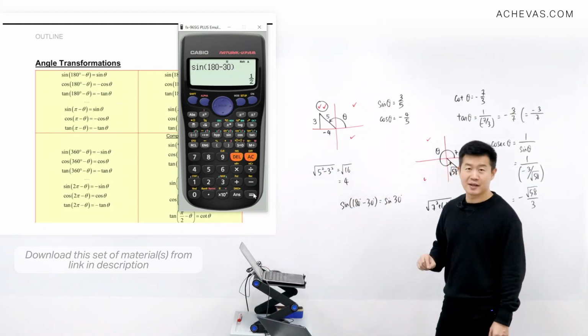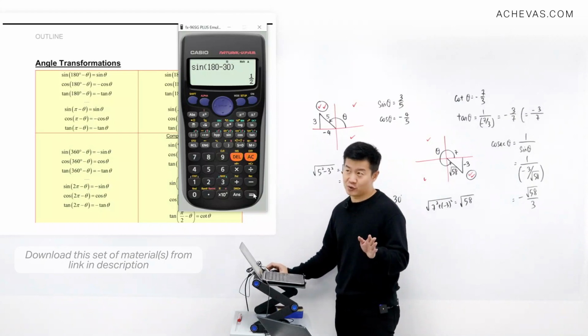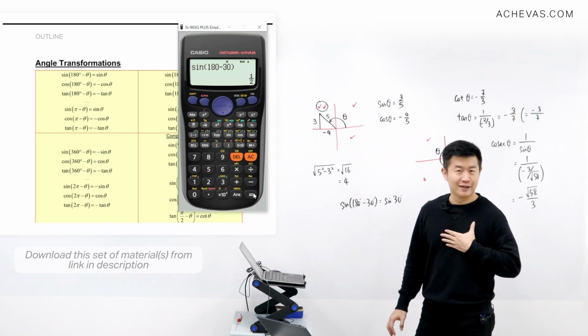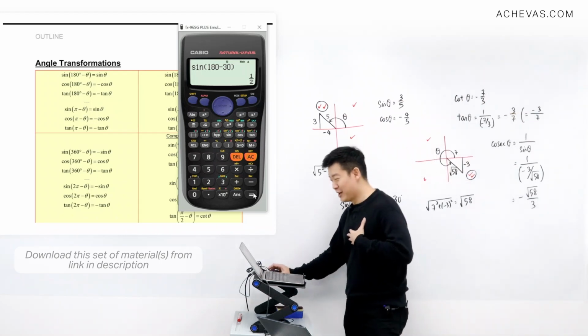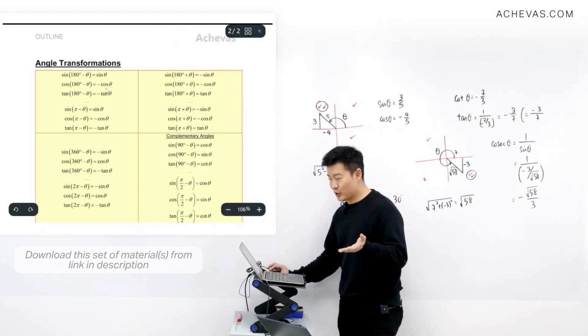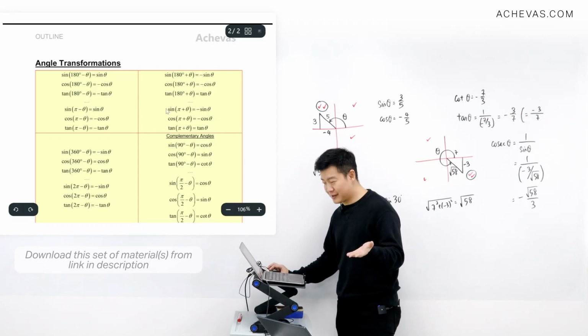Okay, let's see whether it is the same as sine 30 degrees. It should be, because you know why? Sine 30 degrees is a special angle and I have to memorize it. I know sine 30 degrees is half, but let's still press it into the calculator. Sine 30 is equal to half. Okay, so just memorize this.